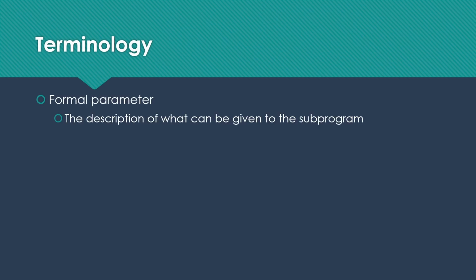I want to talk a little bit about some terminology when we're trying to be very specific about how parameters are working. We need some ways to distinguish between what we call formal parameters, the description of what can be given to the subprogram that we find in the subprogram definition. When we're talking about what we're allowed to provide, that's the formal parameter.